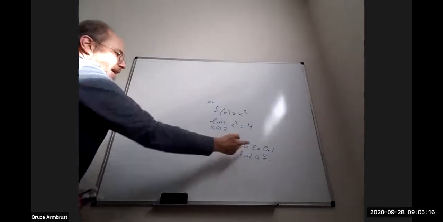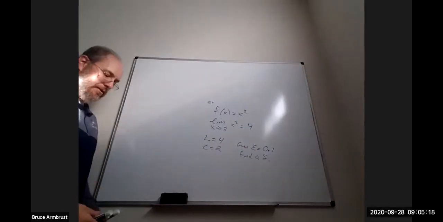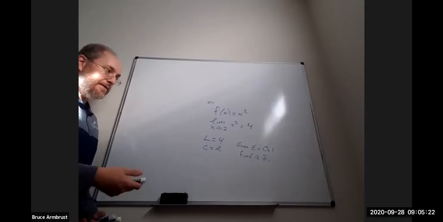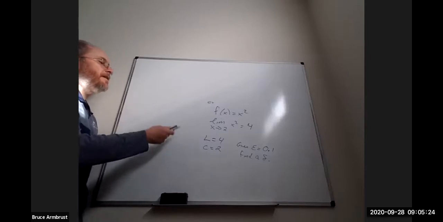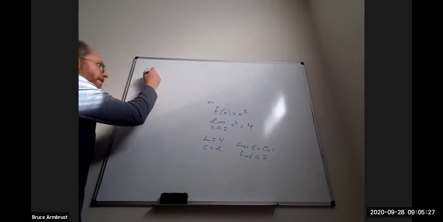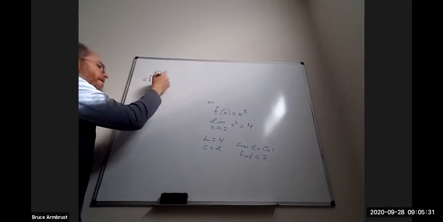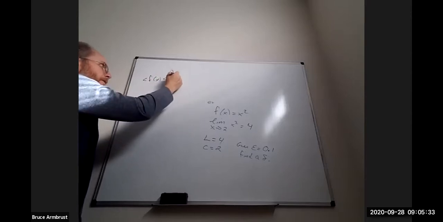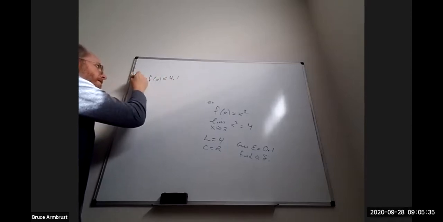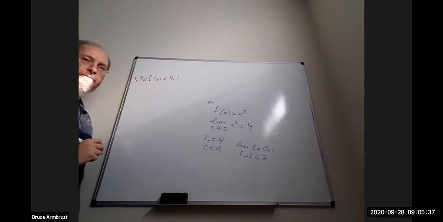Well, here is an epsilon. Let's find it. Basically, what we know now is that we want our function value to be within 4.1 and 3.9.